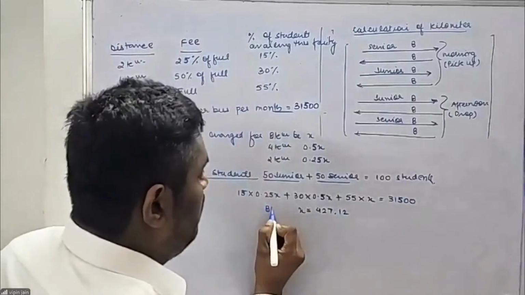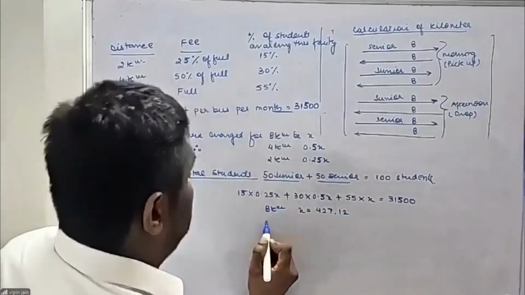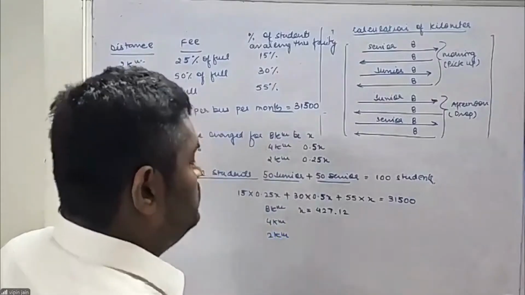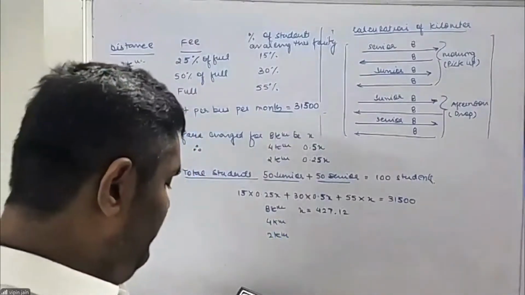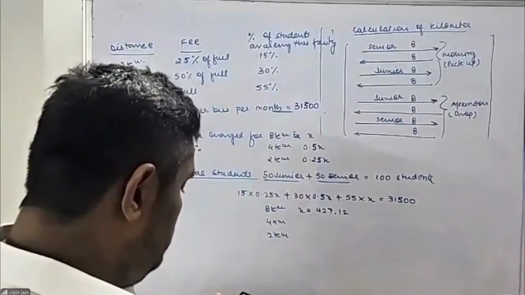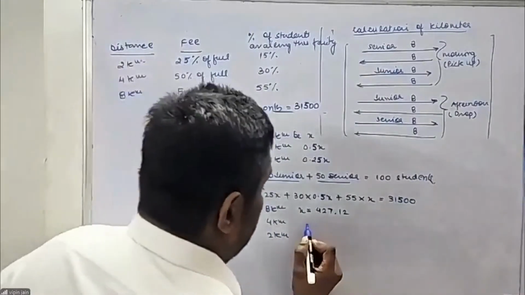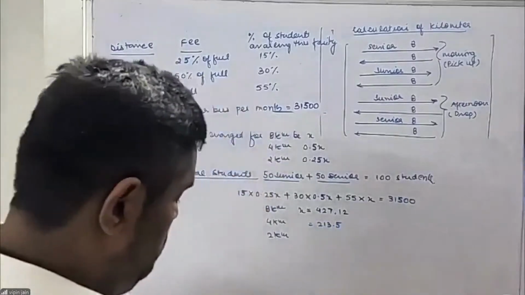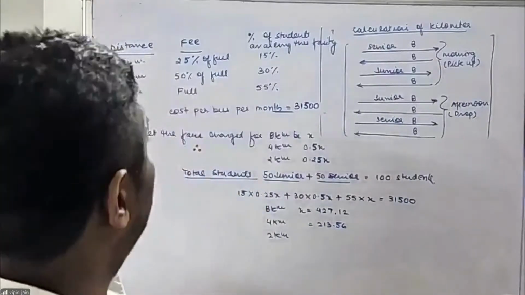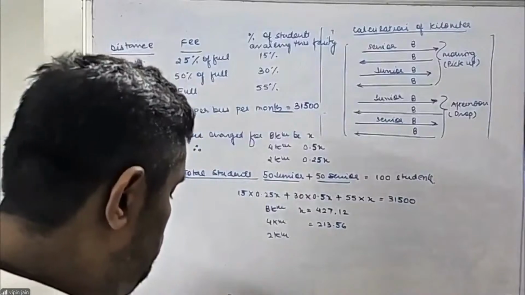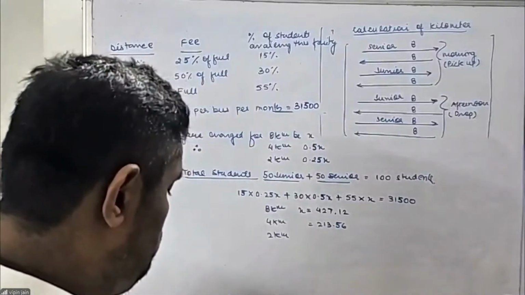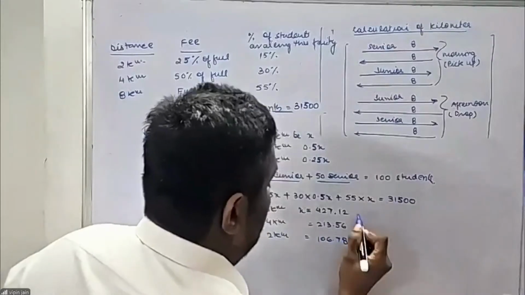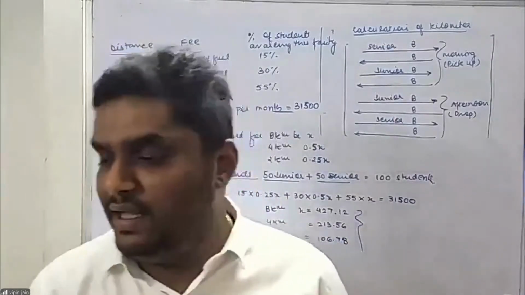That is for 8 kilometers. So for 4 kilometer, it will be 50%. So this is the correct answer, guys.